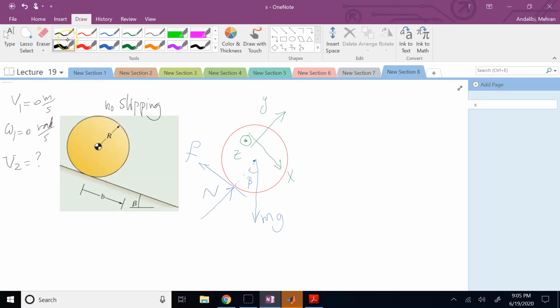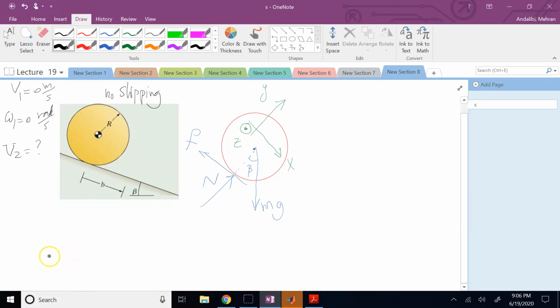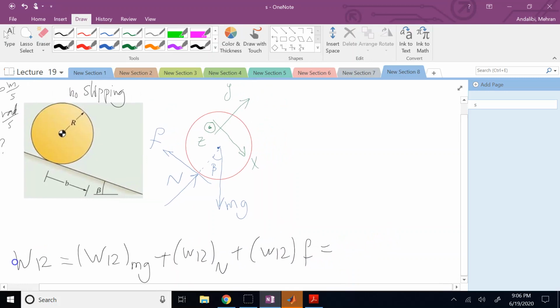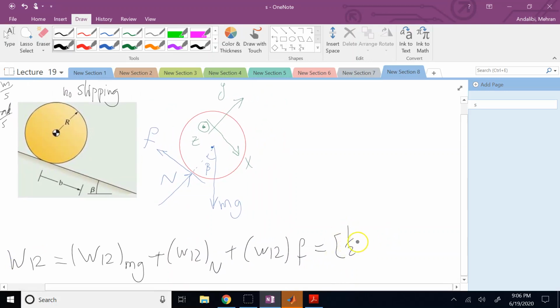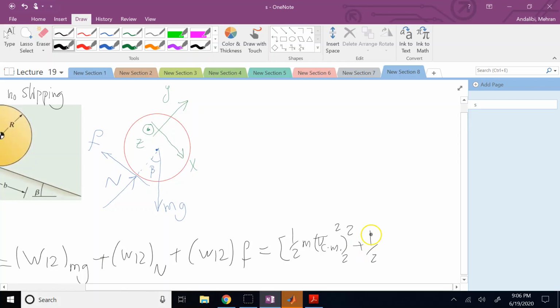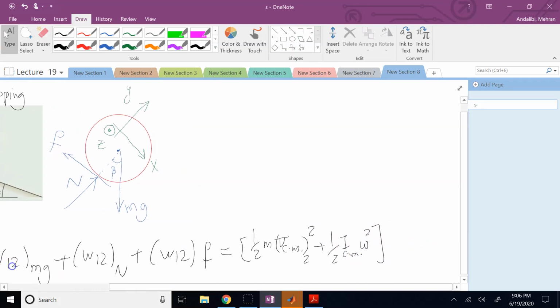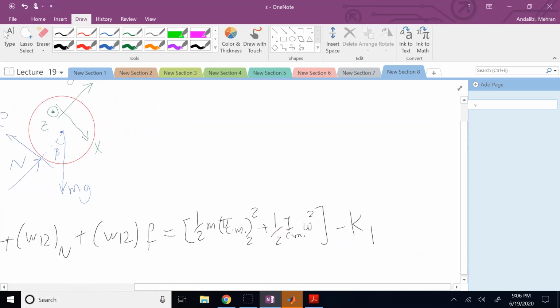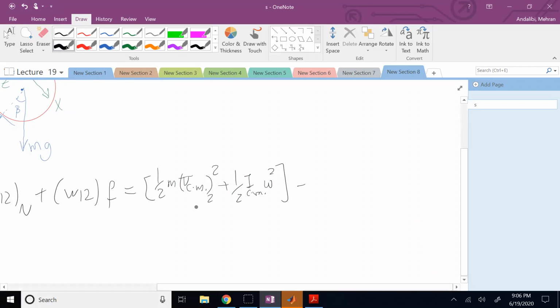It's time to write down the work energy principle, which says the sum of the work done by all forces, which in this case is W12 of mg plus W12 of n plus W12 of f, is equal to kinetic energy in situation 2, which is 1/2 m v of the centroid at position 2 squared plus 1/2 I about the centroid omega squared, and then minus the initial kinetic energy, which is the very same thing here. If you want, I can write the whole thing for you, but that's basically this guy.